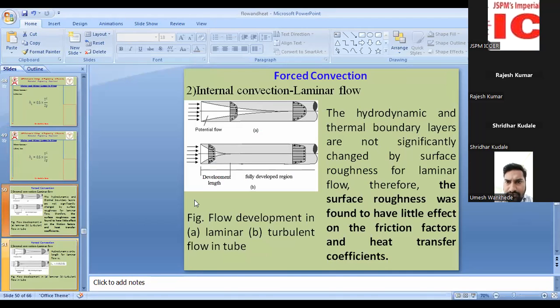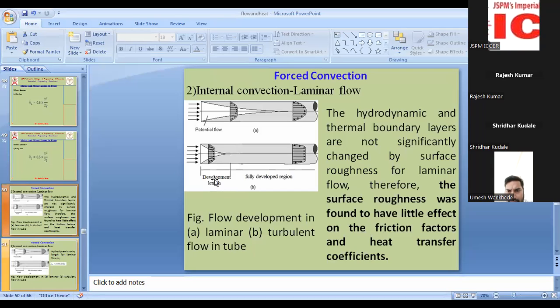So friction factor is only one relation, whether it is smooth or rough, for the laminar flow: it is 64 by Re. Same thing for the heat transfer. Based on the condition, whether it is constant wall temperature or constant heat flux, there will be a constant value of Nusselt number that we'll see.